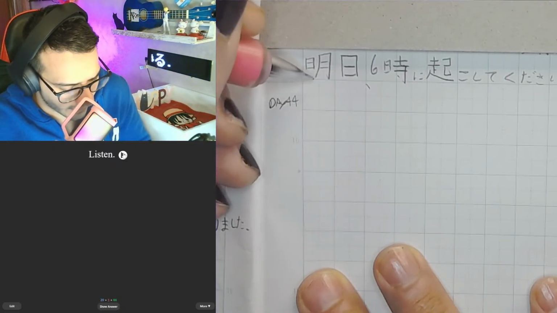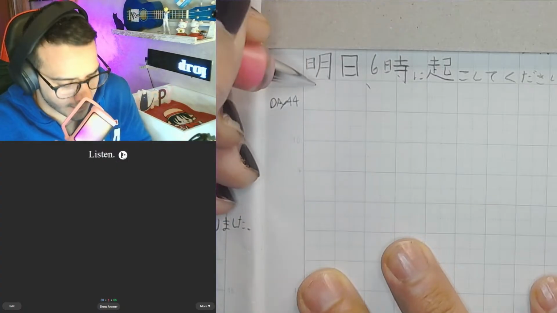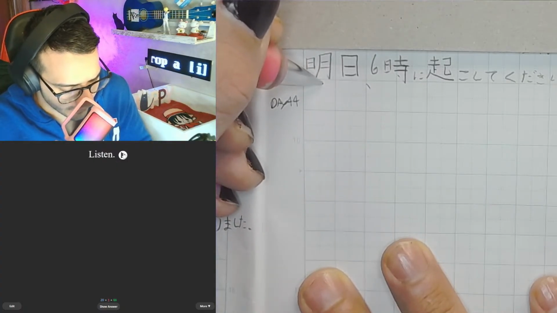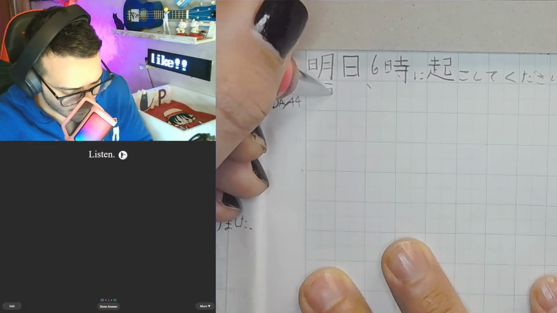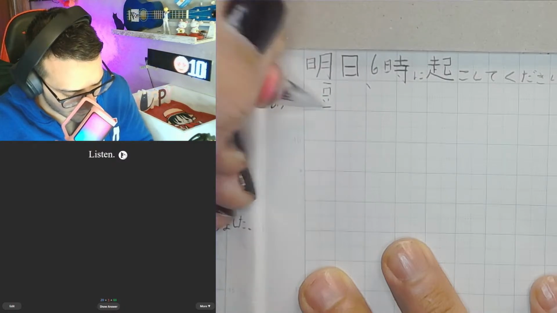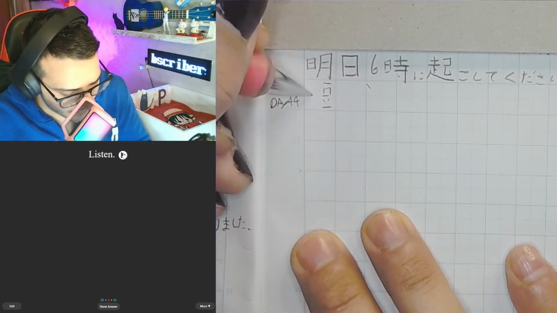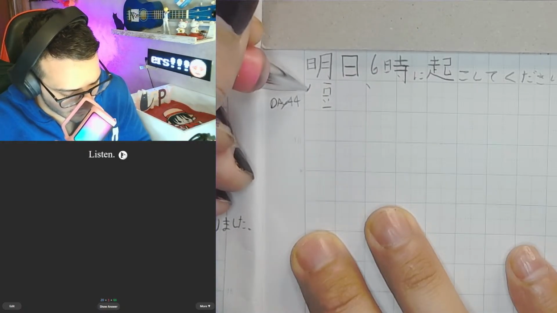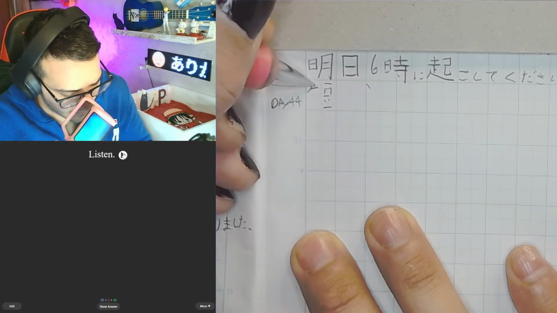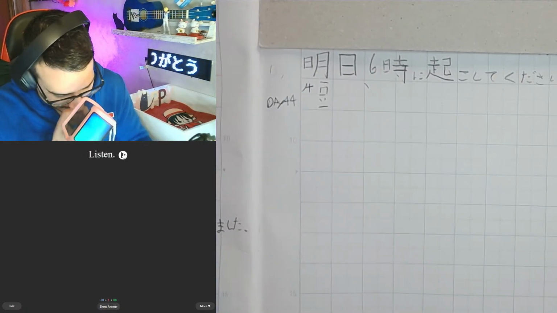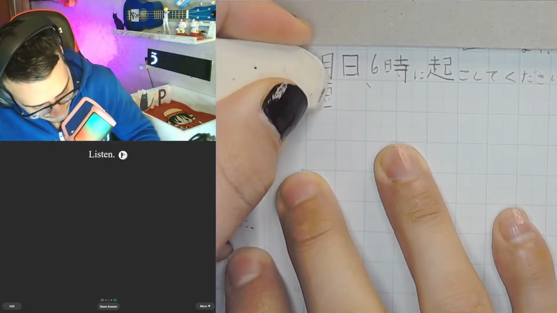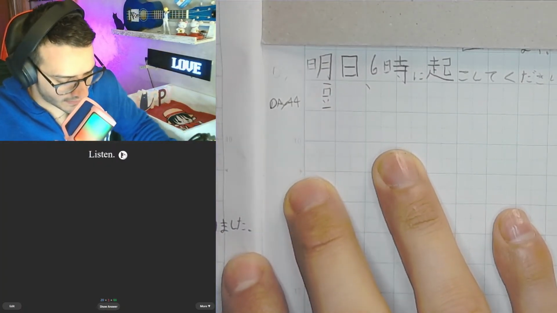There are two parts. The second part is for sure mame, bean. And the first part was the arrow. How was the arrow kanji?